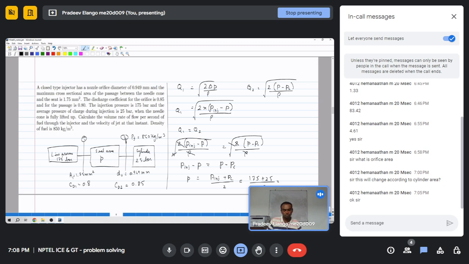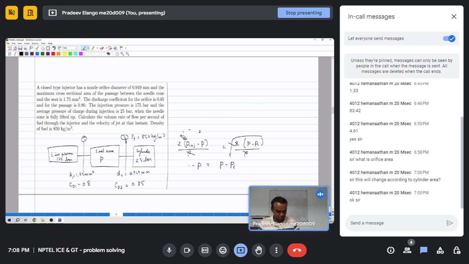Okay, I think we missed something important. We missed the CD value. What we have calculated is just velocity, sorry. So velocity 1 is root of 2 delta P by rho.